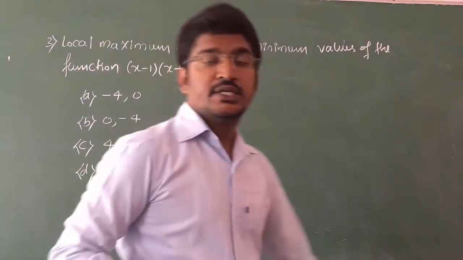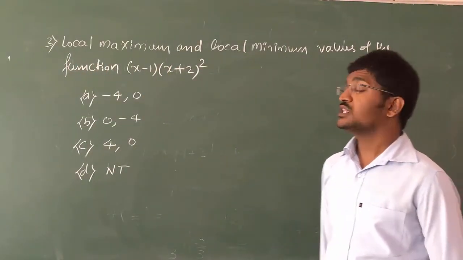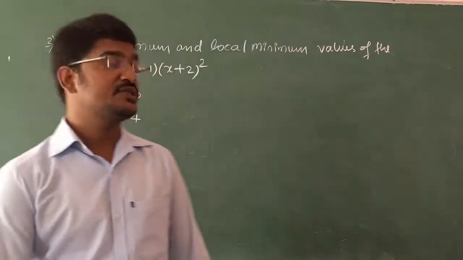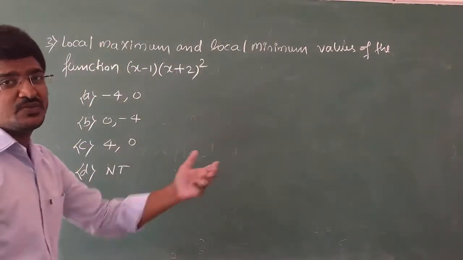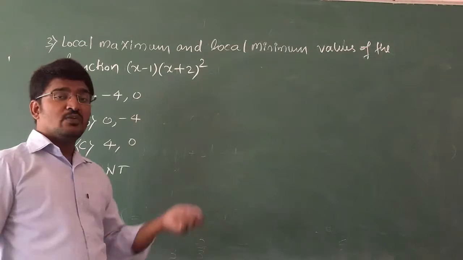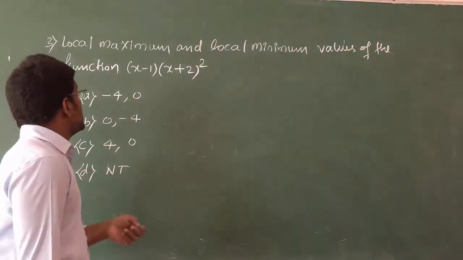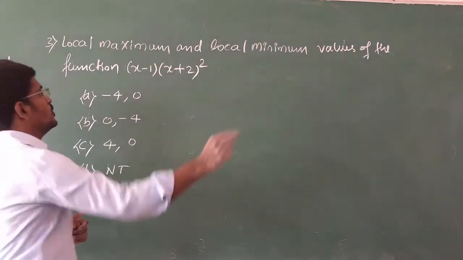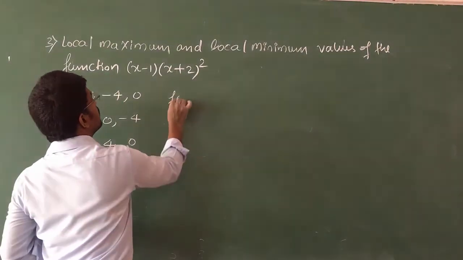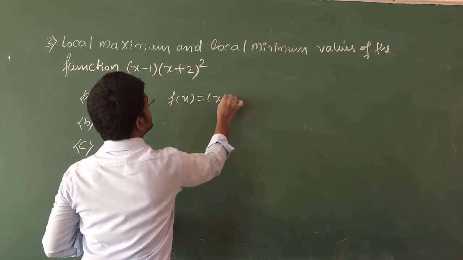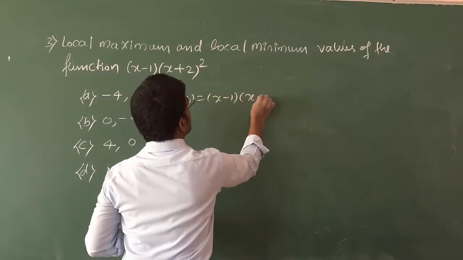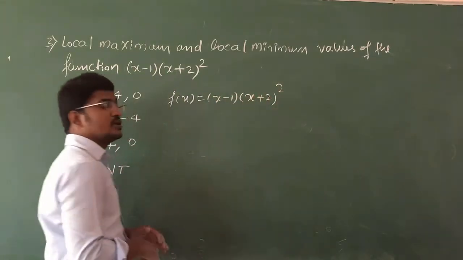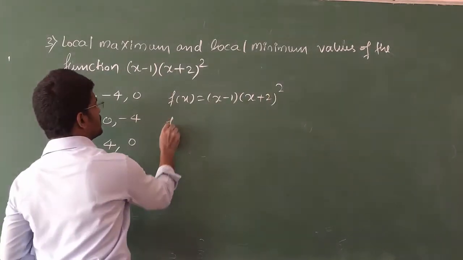Okay students, so now let us see the third problem of finding maxima and minima. Local maxima is nothing but maxima, local minima is again a minima. Values of the function x minus 1 into x plus 2 whole square. This f of x equal to x minus 1 into x plus 2 whole square. So directly let us differentiate.